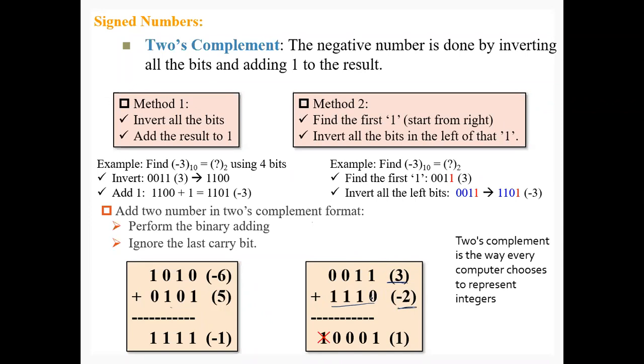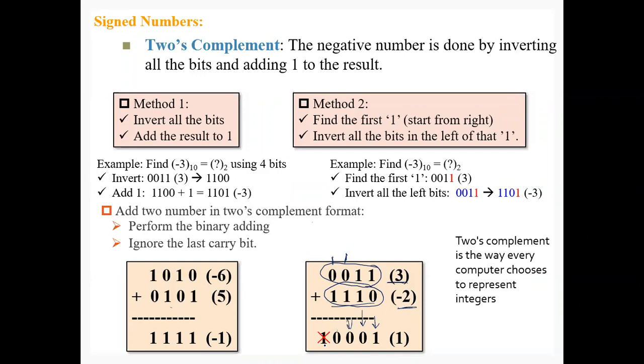1 and 0, 1. And 1 and 1, 10. Carry 1. 0 and 1, 1 plus 1, 10. Carry 1. 1 and 1, 10. Now, you started with 4 digits, right? You are adding 4-digit numbers.